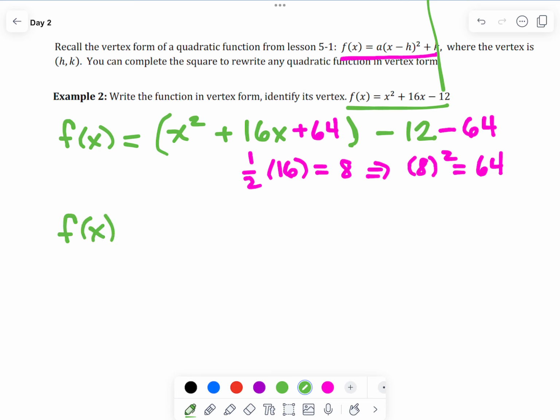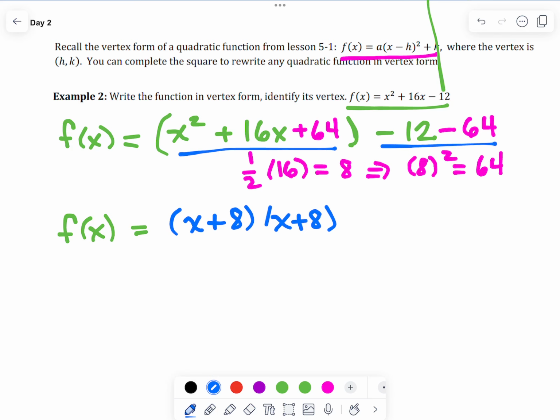So we factor this trinomial right here, and we get x plus 8 and x plus 8. And then the right side, outside of the parentheses, those terms combine to negative 76.